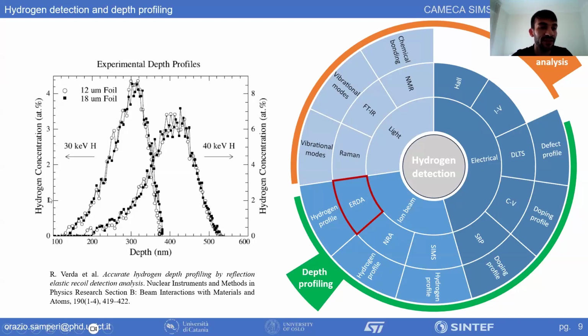And also you have some limitation in terms of limit of detection, because with ERDA the limit of detection is like 0.1 atomic percent. For hydrogen in silicon, for example, it means something like 1 × 10¹⁹ atoms per cubic centimeter. That is actually a concentration related to a high dose implantation. Then this technique is quite limited for our purpose.